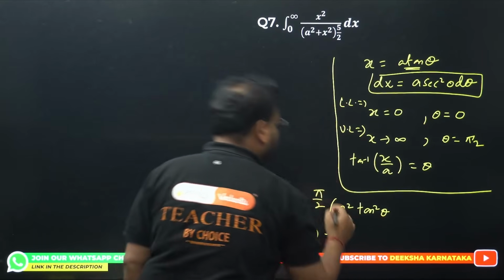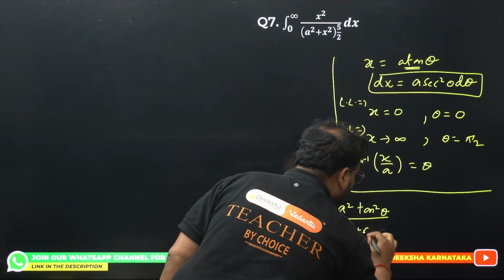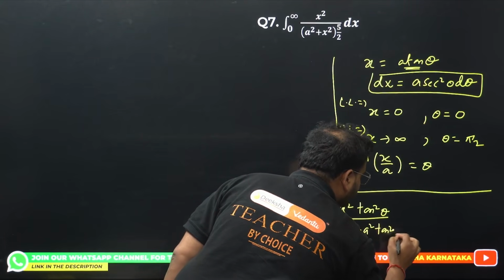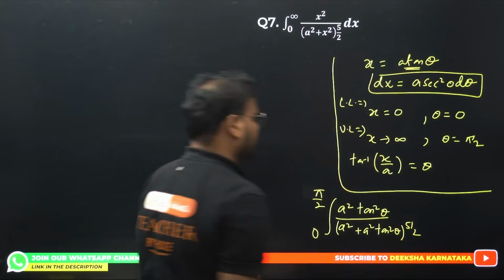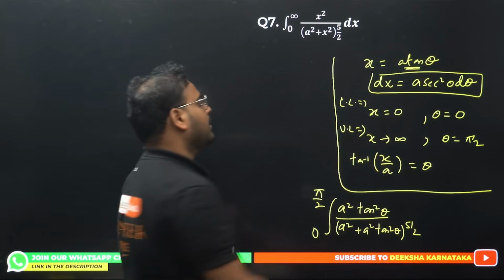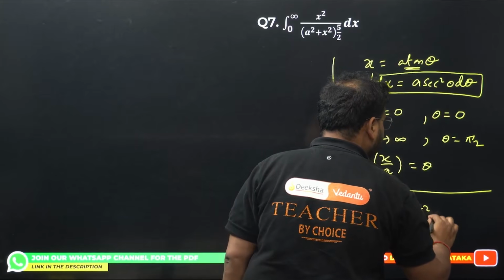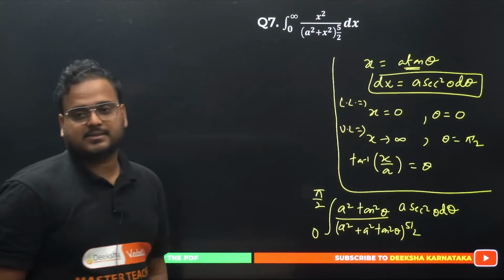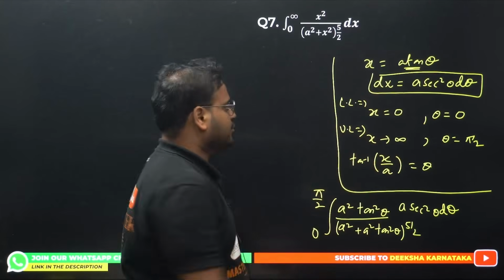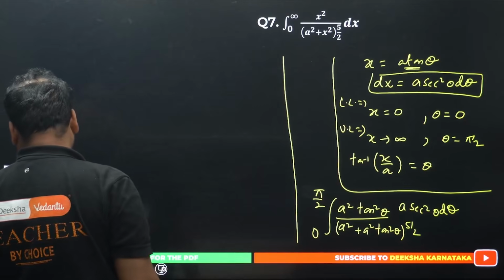This becomes a square plus a square tan square theta, power 5 by 2. And dx means this whole thing, a sec square theta d theta. That's my dx. Right from here. Superb.